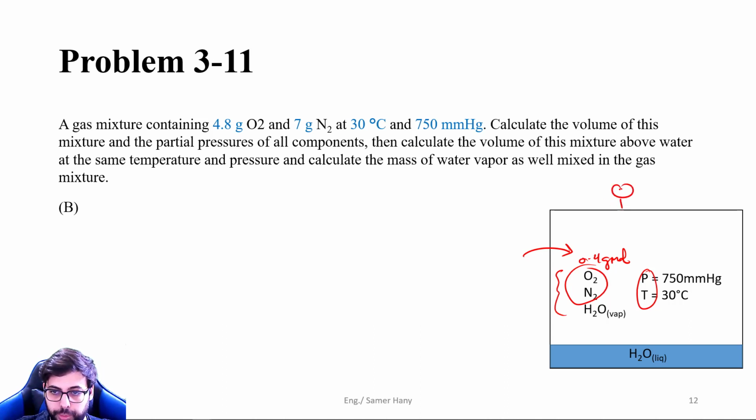This is the entire pressure on the container itself, not just the oxygen and nitrogen like in part A. So we need to get the volume of the mixture above that water surface and the mass of the water vapor present in the system or in the gas mixture.